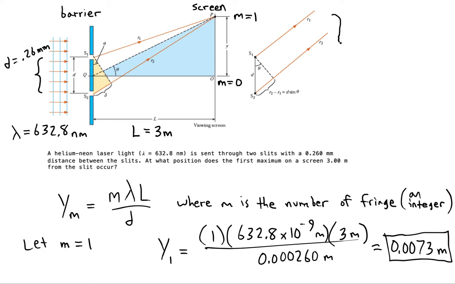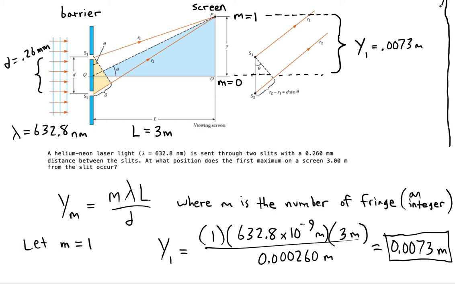What they're talking about there is this distance here. Okay, so this is called Y. And when you look at the interference pattern, you'll have your screen. It should be like this. Then it's dark.